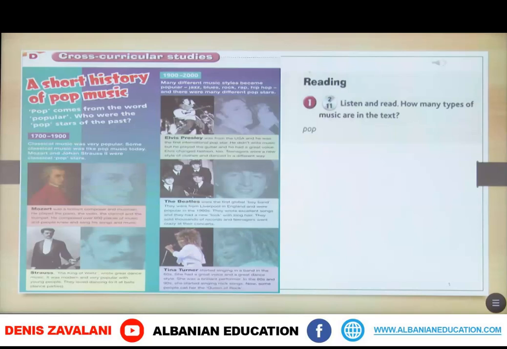Teenagers wore a new style of clothes and danced in a different way. The Beatles were the first global boy band. They were from Liverpool in England and were popular in the 1960s. They wrote excellent songs and they had a new look with long hair. They sold thousands of records and teenagers went crazy at their concerts.